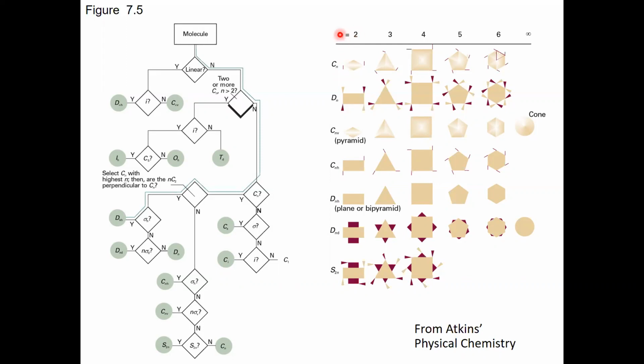Based on the n value, which is a symmetry number, and also the different categories of operations each group has, there are many different types of symmetry groups of molecules. Okay, so now the key point is you can categorize a molecule into its symmetry group.